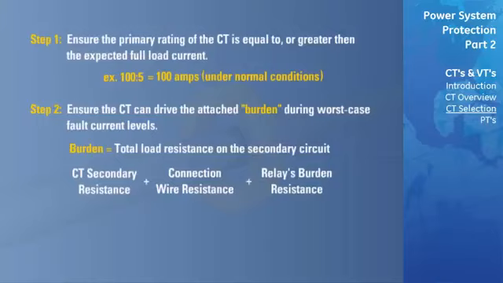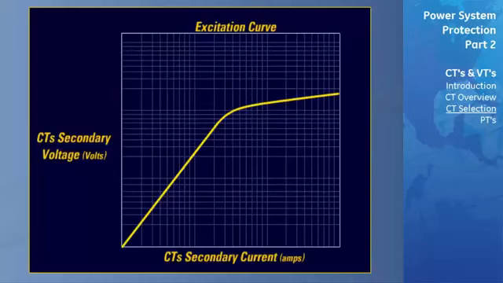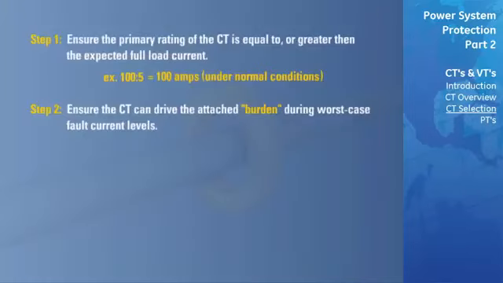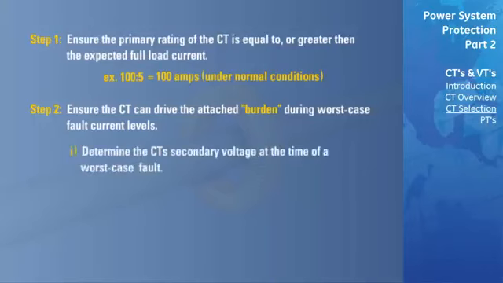As explained in the previous section, a CT becomes saturated when the voltage secondaries reach the knee point of the excitation curve. To determine whether the CT can drive the attached burden under worst-case fault conditions without saturating, we must determine what the CT's secondary voltage will be at the time of this fault.